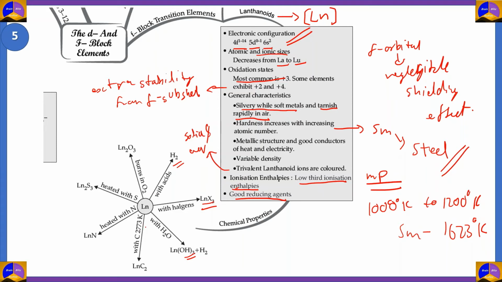With carbon, lanthanoids form carbides, which are of the form LnC2. When heated with nitrogen, we get lanthanoid nitrides, and heated with sulfur, you get lanthanoid sulfides, and when burning in oxygen, you get lanthanoid oxides. So these are the common reactions attributed to lanthanoids.